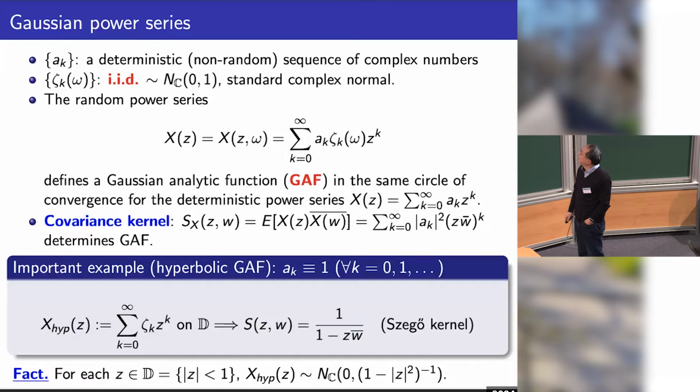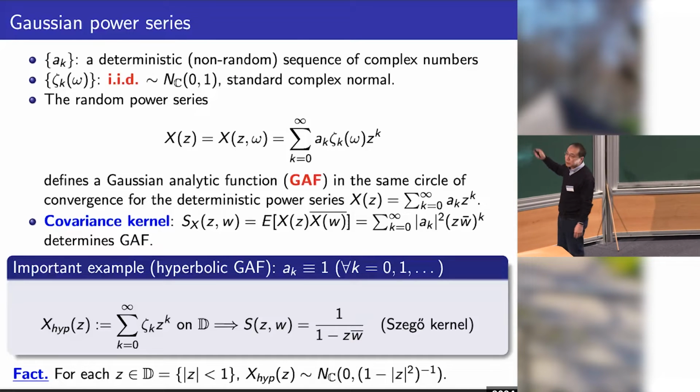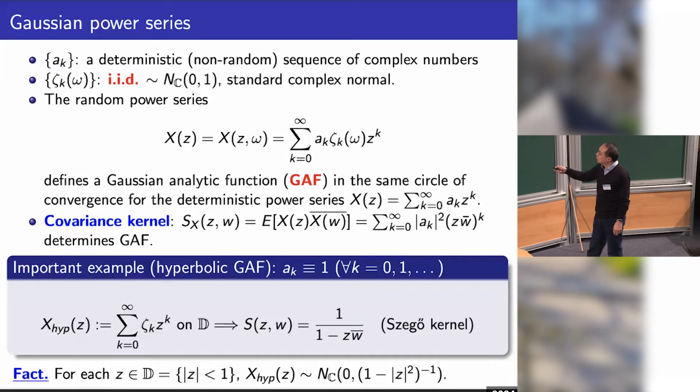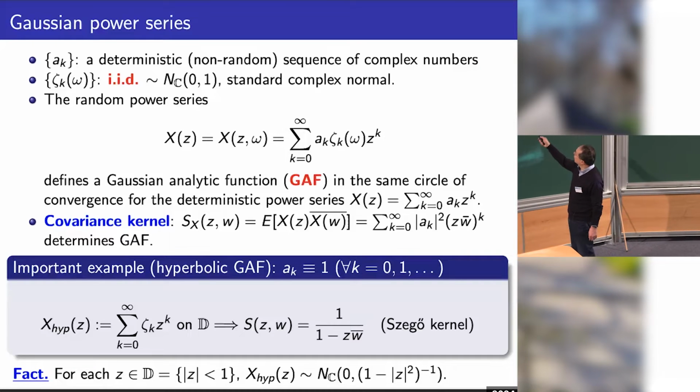For example, the most important example is called the hyperbolic GAF, and in this case a_k is constant 1. Then this hyperbolic GAF has a covariance function like this. It's called the Szegő kernel. The covariance function is, of course, defined this way.